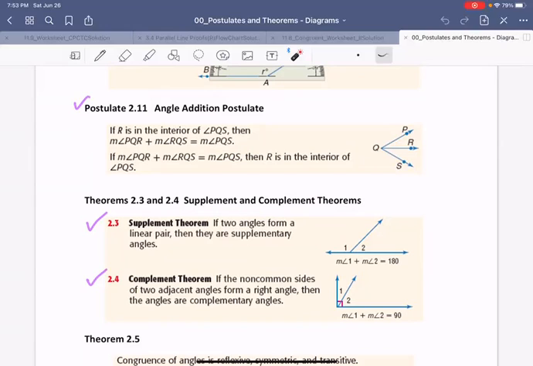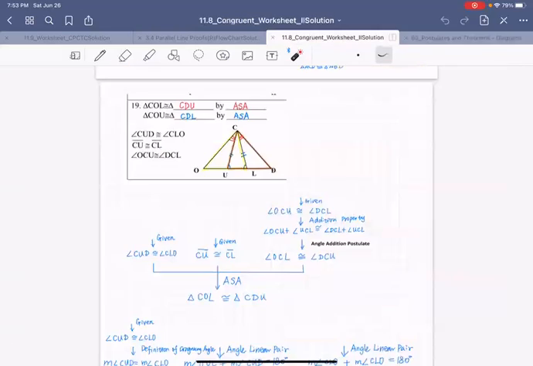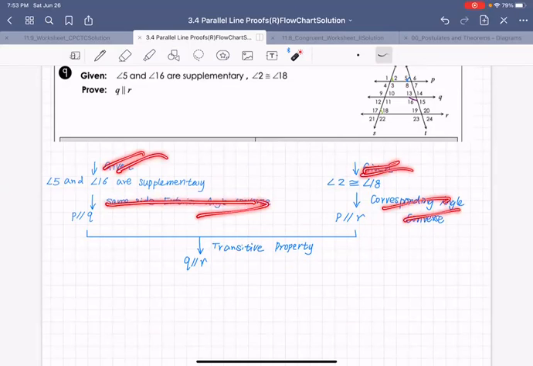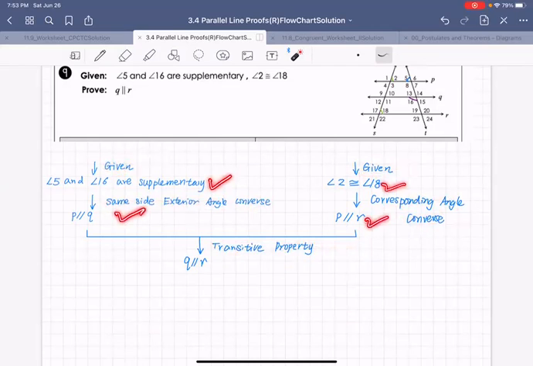Boys get a lot of points off because they don't put those names. When they don't put those names, like in all the flow charts, for example, in the question we did here, if you never write this down, even if you get this piece, that piece, and all these pieces here, without those things, you only get 50% of each single question.